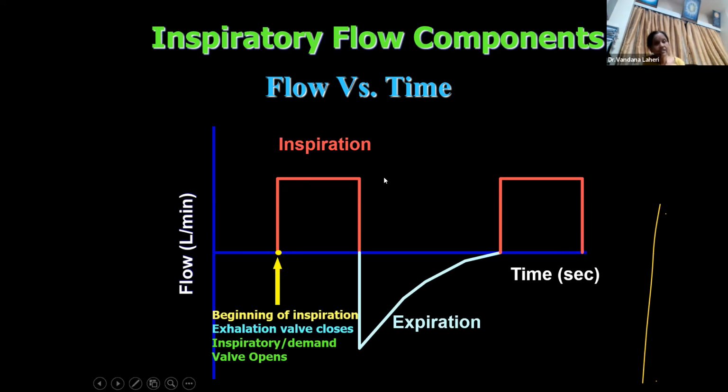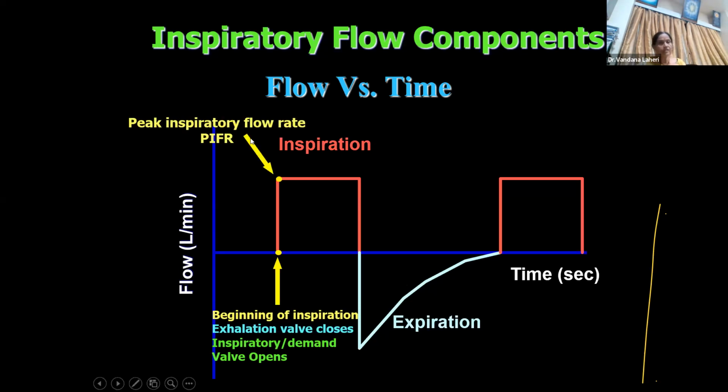Then the flow remains steady. I told you we are going to deal only with the square wave flow pattern. So I have shown you that the flow is square wave. Okay, it is the same constant flow all throughout inspiration. Now here the flow stops. This flow will stop depending on your setting of the frequency of the ventilation. Okay, and then here, can you see what happens?